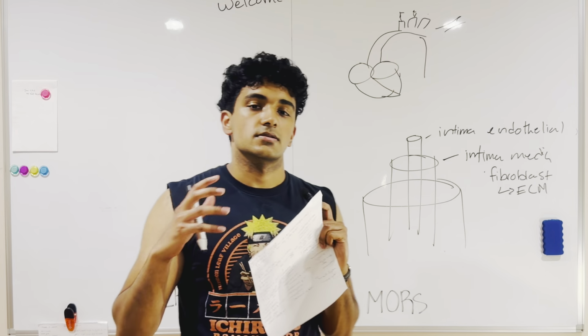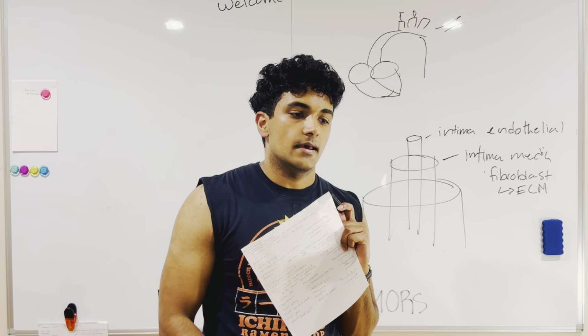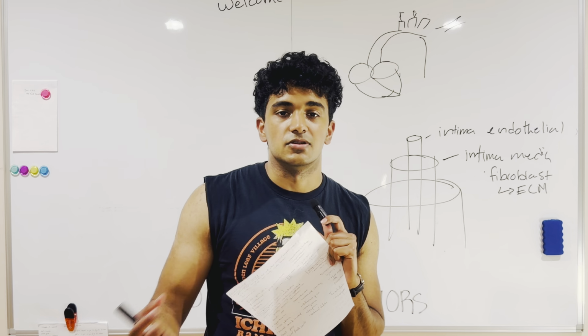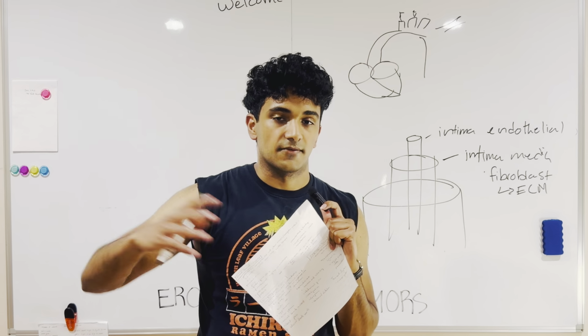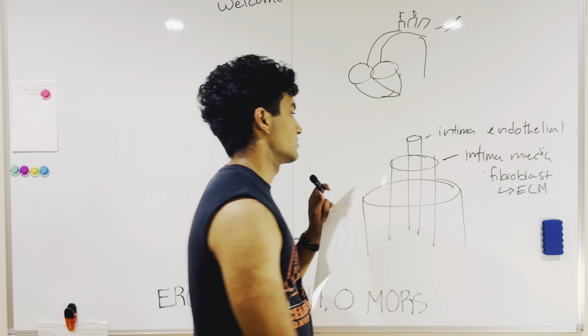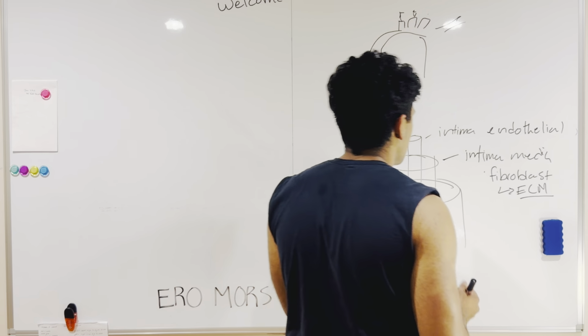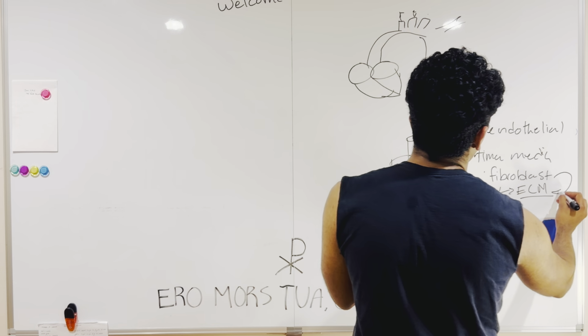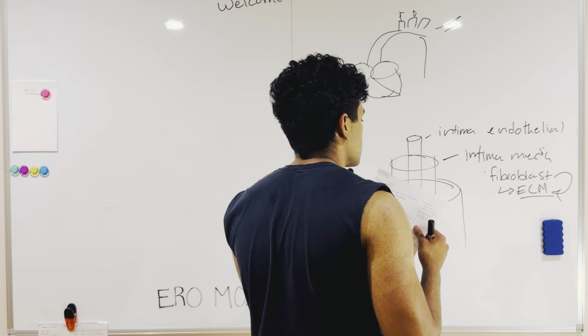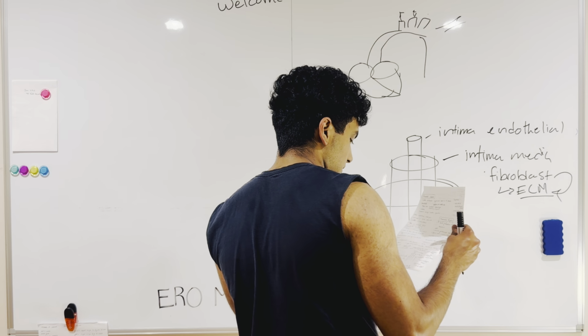Essentially that just holds everything together. It's kind of like if you put stuff in Jell-O, it suspends everything. And that's generally how you should think of the extracellular matrix. So fibroblasts are the ones that produce the extracellular matrix and that secretion, that fluid.